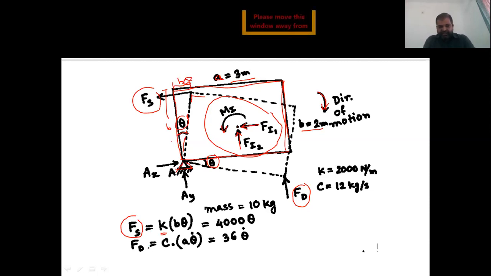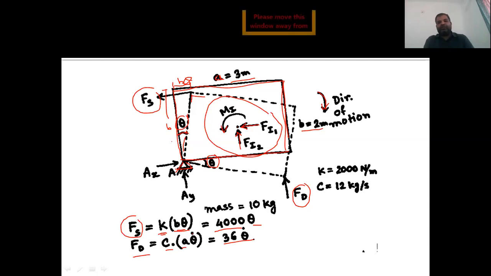So I am putting K into B theta. Then the displacement of the damper: this is my length A, and the displacement of the damper is A theta, so C into A theta, and as per definition it should be theta dot. Now if you put the values of K and B here, this value comes to 4000 theta. And if you put the values of C and A, this value comes to 36 into theta dot.